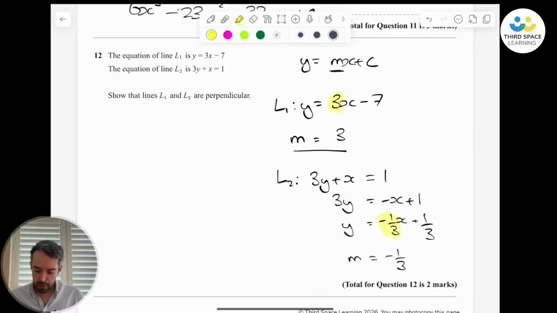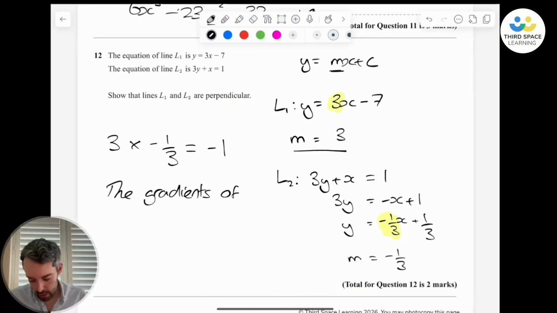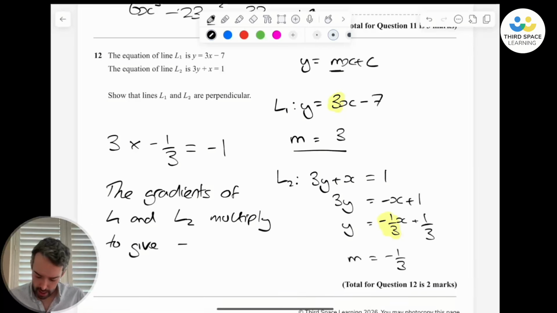So if these lines are perpendicular, what I should see is 3 multiplied by negative 1/3 will give me negative 1. And it does. 3 times negative 1/3 is negative 1. Therefore they're perpendicular. So we might say the gradients of L1 and L2 multiply to give negative 1.